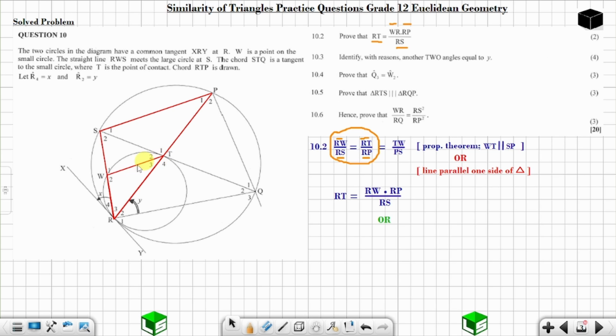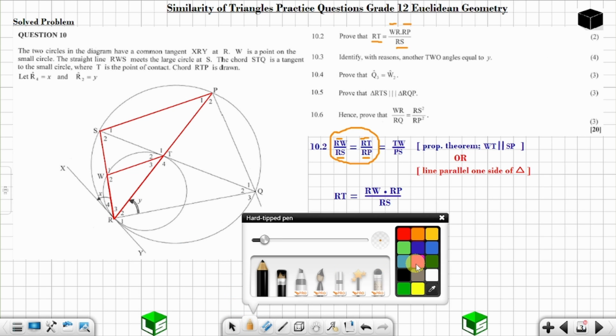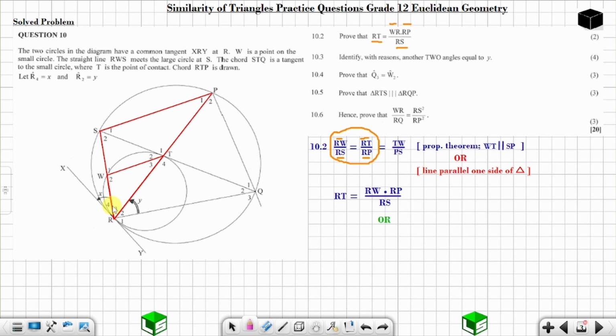You have to show that angles in one triangle are equal to angles in another triangle. So you have angle R is common in both triangles.